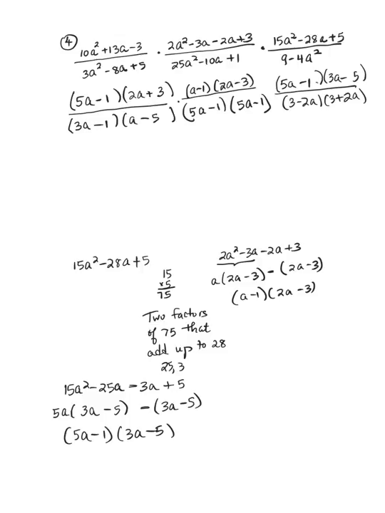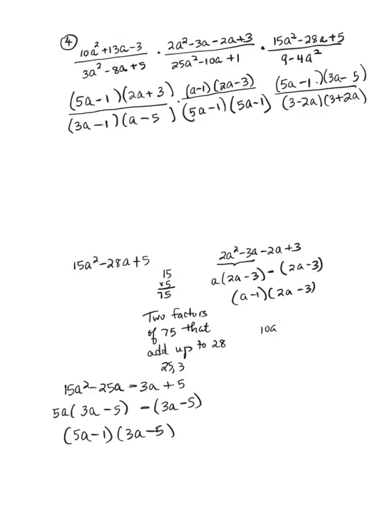So in the first one, 10a squared plus 13a minus 3, well, we could use brute force, or we could look at that and ask ourselves, using the AC method, which we discussed in class. Let me just get this down here.